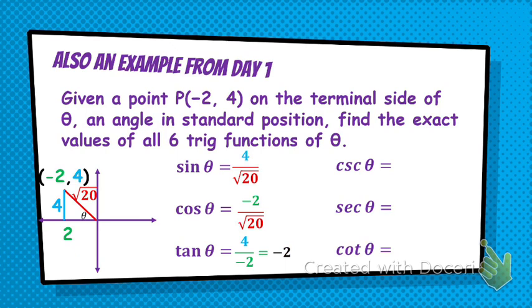I'm using my signs here based off of my ordered pairs. So my cosecant is paired with my sine. That's the reciprocal for sine, so that would just be square root of 20 over 4. The secant would be flipping, square root of 20 over negative 2. And the tangent would just be negative 1/2.